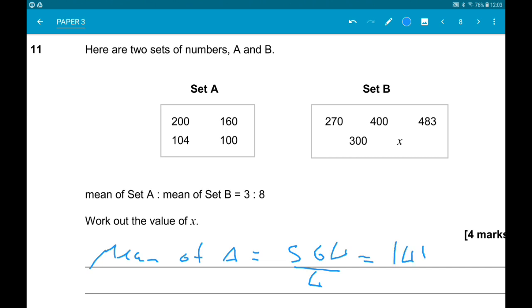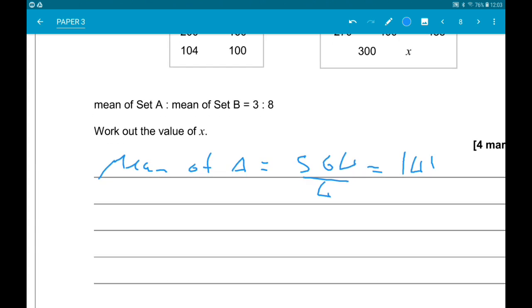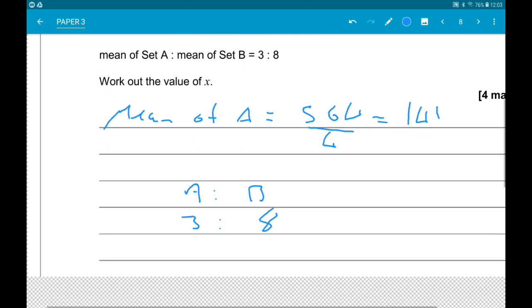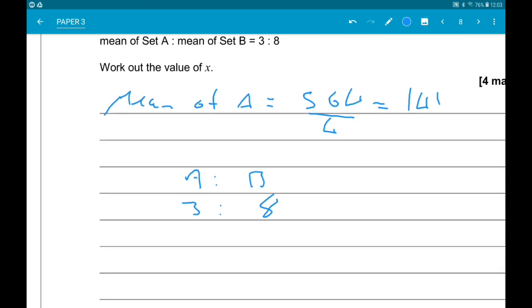Now we can use the ratio to get the mean of B. So we know the means are in the ratio 3 to 8. Now we know the actual mean of A is 141. Now what we need to know then is how have we turned 3 into 141.